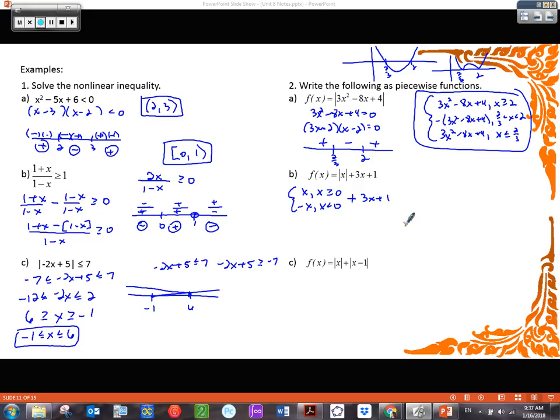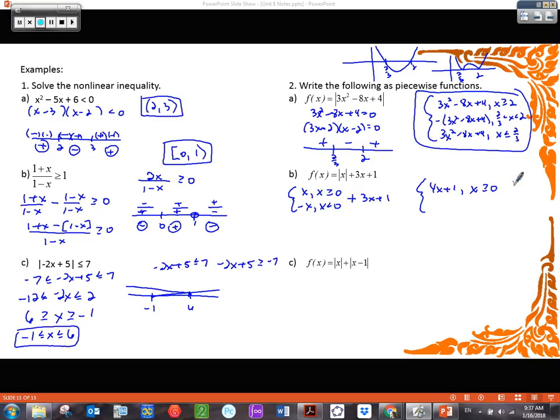So I'm going to take each branch of my piecewise and add the 3x plus 1 to it. That's really all I have to do. It looks weird, I know, but it's not terribly complex, this kind, where it's a mixture of an absolute value and non-absolute value. I'm just going to add the 3x plus 1 to the top branch. And so x plus 3x plus 1 is 4x plus 1.